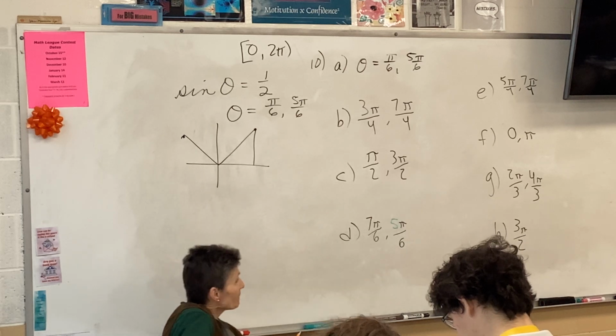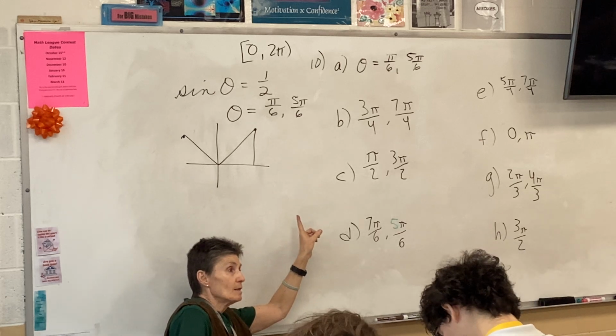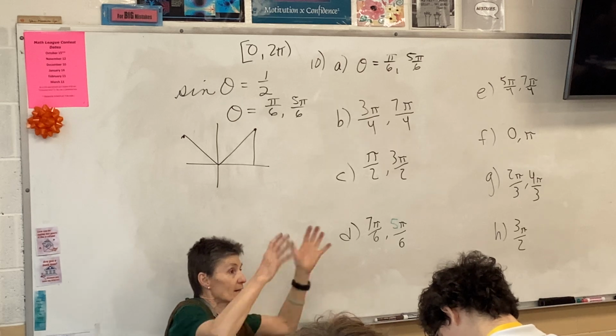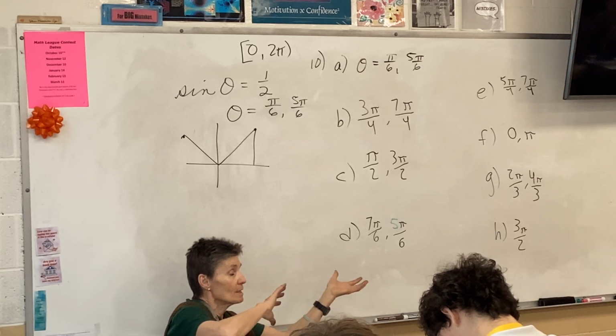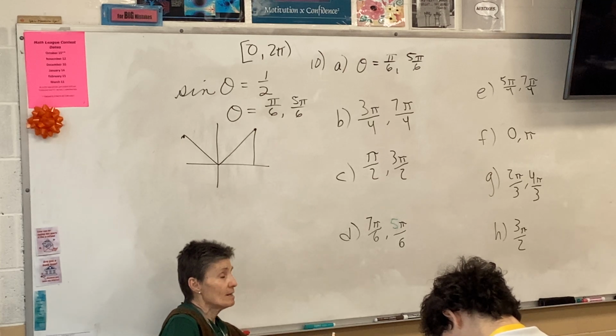All right, I want to make sure everybody's good on these. These are really more unit circle problems. Would you agree with me? We're just doing it kind of backwards of what we did before. If you have an understanding of your unit circle, these shouldn't be too bad.